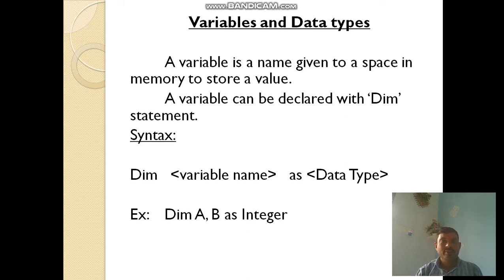A variable can be declared with the Dim statement. Dim stands for dimension. The syntax to declare a variable in Visual Basic is: Dim variable name As data type.